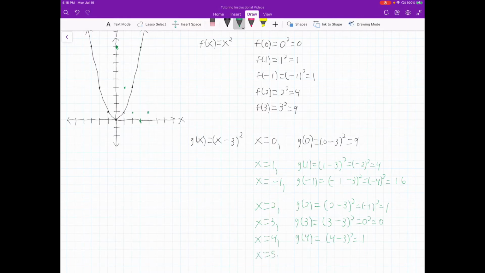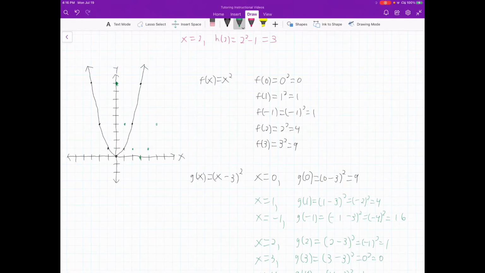X is 5, I get 4. That should be pretty apparent now that we have enough points. I can guess when x is 6, just to save time, I'll say that's 9. You can check that. Sorry, I keep missing my points. That'd be a sketch of g.